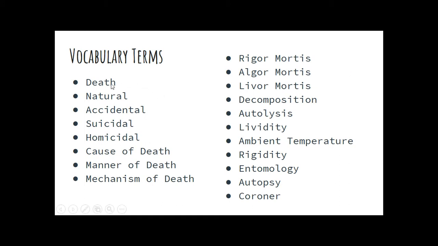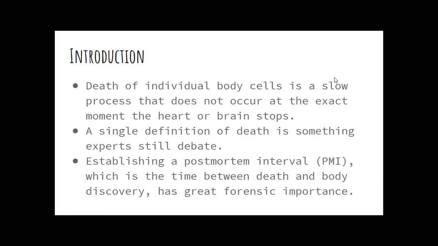Death and the different manners of death, I think you'll pick up pretty quickly. The mortises are something that some people trip up on a little bit, so we'll have to work on that. Some of these, like lividity and rigidity, are other words for these, but I added them to the term list because in years past people got a little confused. We'll be seeing these throughout our presentation.